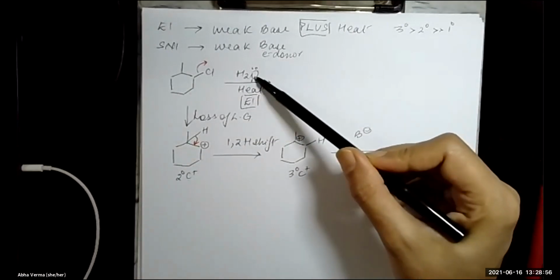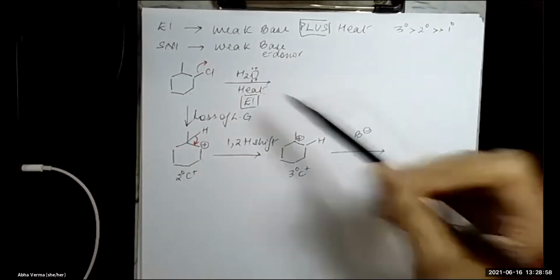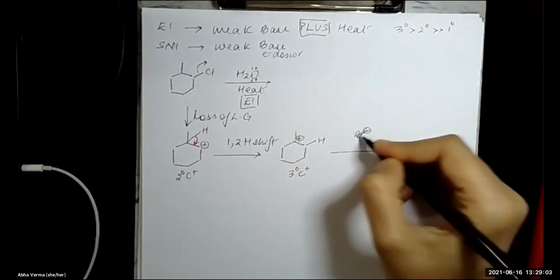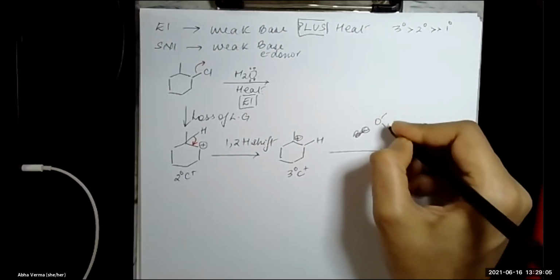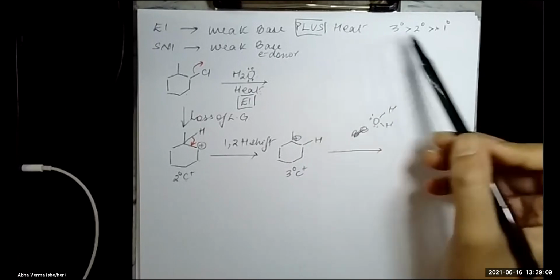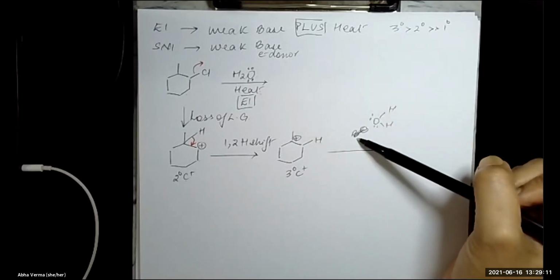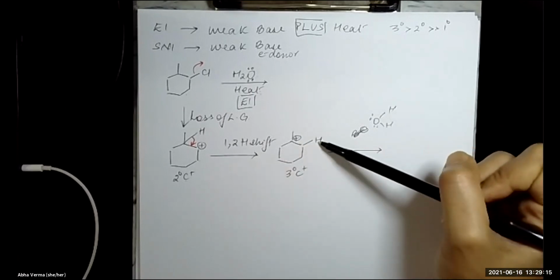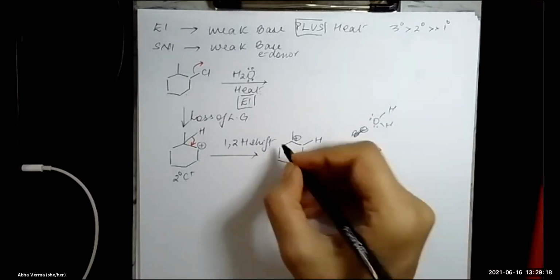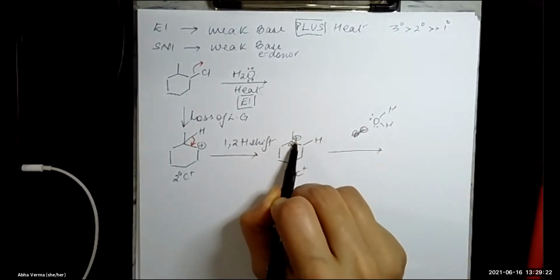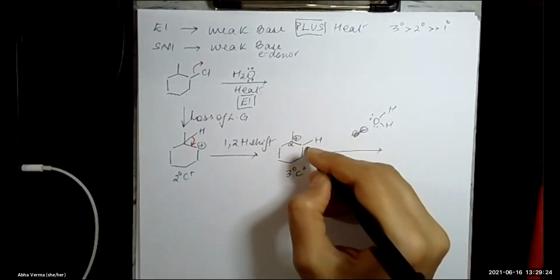Now, when you have water, I'm going to use the lone pairs of the water, but you can use any B as your hint. So I have water and I have the lone pairs. In presence of heat, water can abstract your hydrogen here. So remember, this is your alpha carbon on which the functionality is present, and this is your beta.